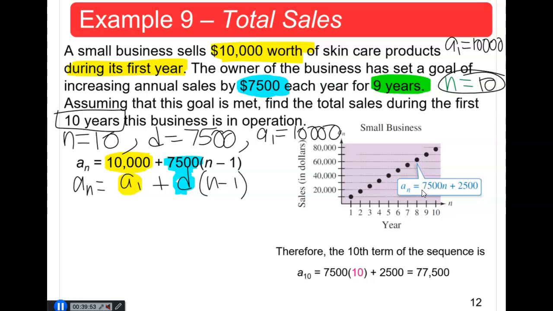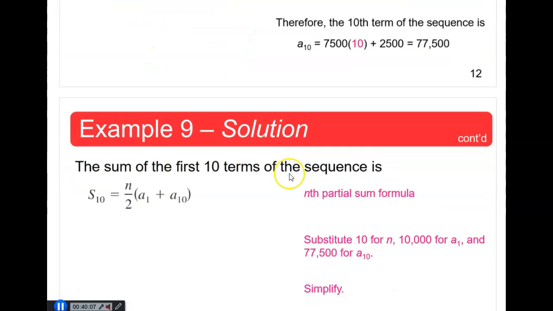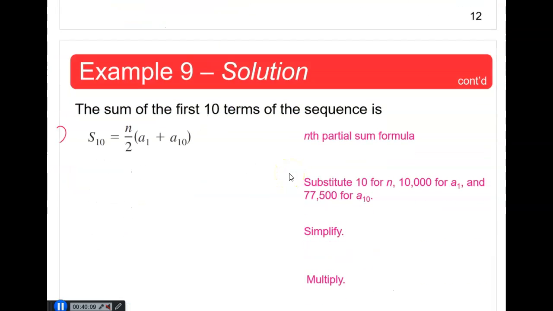So at this point, we want to find the 10th term because I'm going to get a little ahead of ourselves. In fact, we're going to call this step 1. This will be step 2 to find the actual sum, the addition of all the sales.